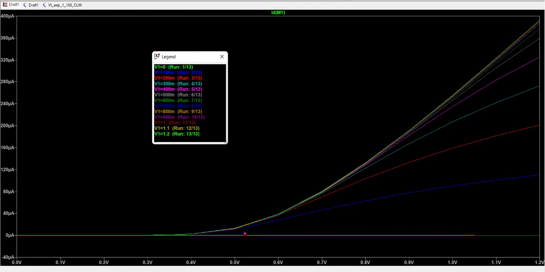So around this point, the current starts increasing. So the V threshold of this MOSFET will be anywhere near 0.5 volts.